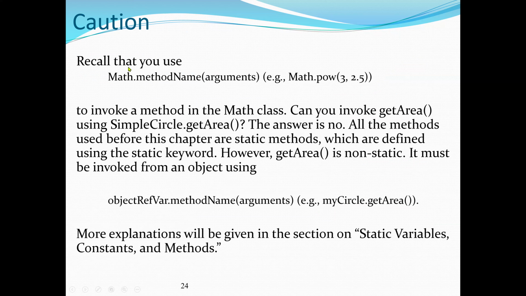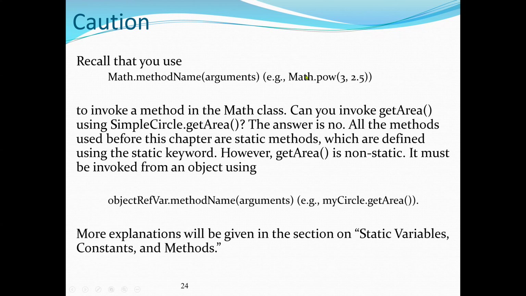So here they say we should recall that we use Math.methodName(argument), for example Math.pow(3, 2.5), which means 3 will be our base and 2.5 will be our exponent. This is calling the power method. Now, you can see that here Math is a class and pow is a method.